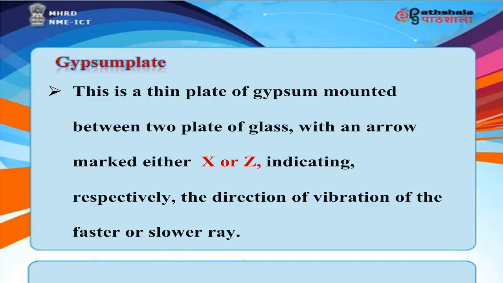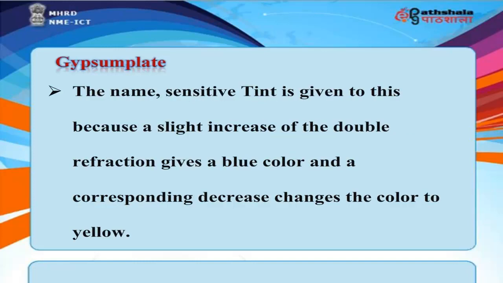Gypsum plate. This is a thin plate of gypsum mounted between 2 plates of glass with an arrow marked either X or Z, indicating respectively the direction of vibration of the faster or slower ray. The name sensitive tint is given to this because a slight increase of the double refraction gives a blue color, and a corresponding decrease changes the color to yellow.